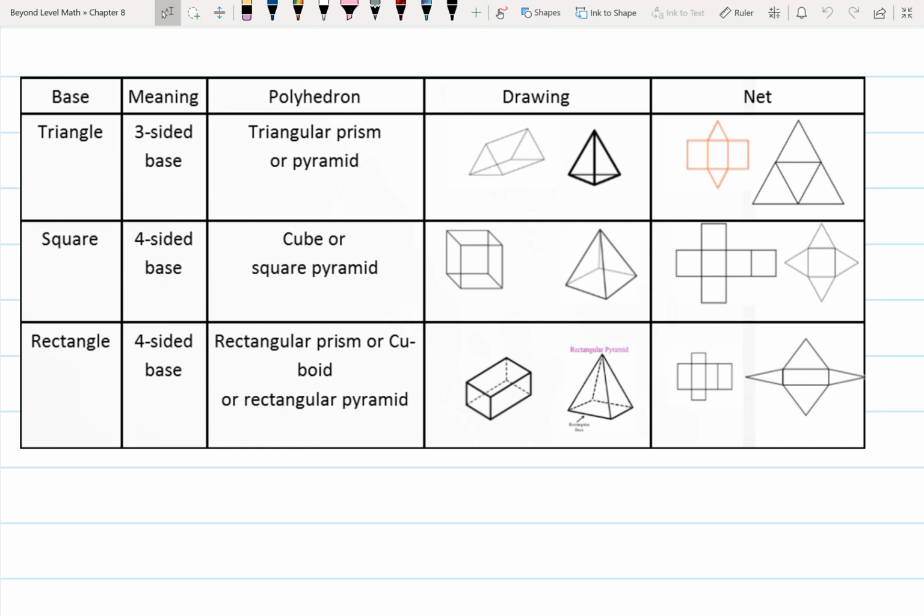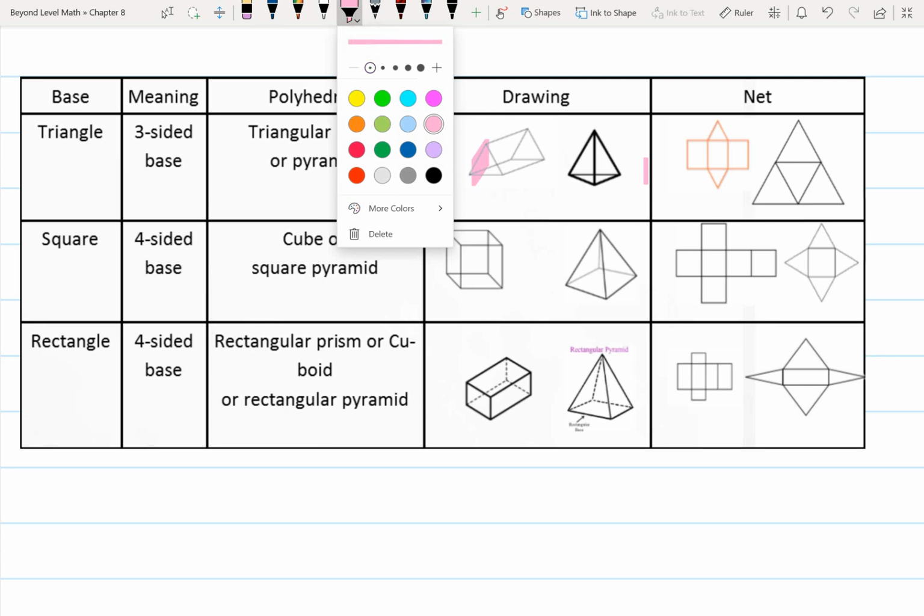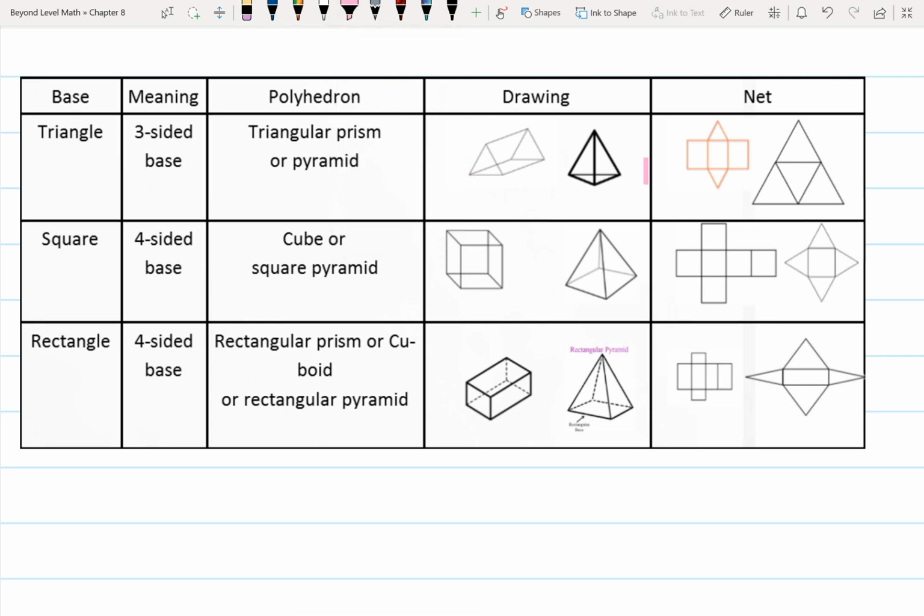And then if you look in the center, it says polyhedron. Polyhedron is the name of these three-dimensional figures. A polyhedron is any figure where any face that isn't a base is called a lateral face. Yesterday we talked about this being a triangular prism because the bases are triangles.